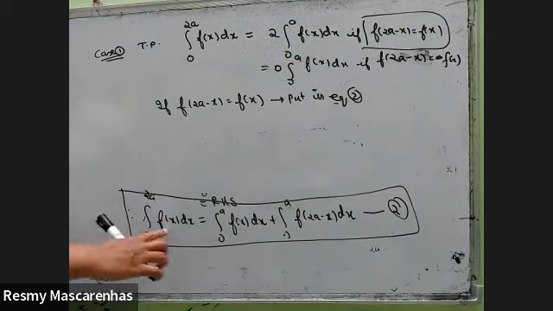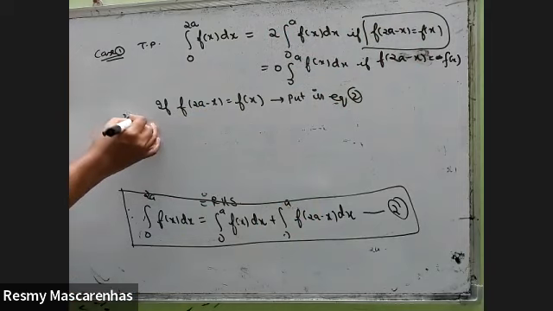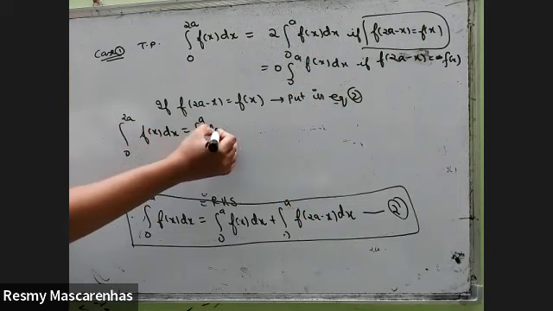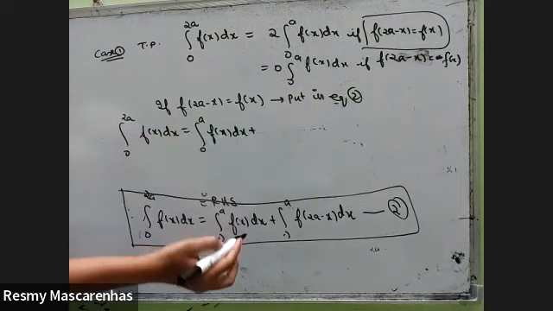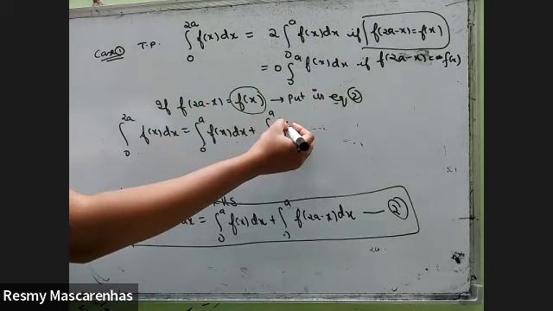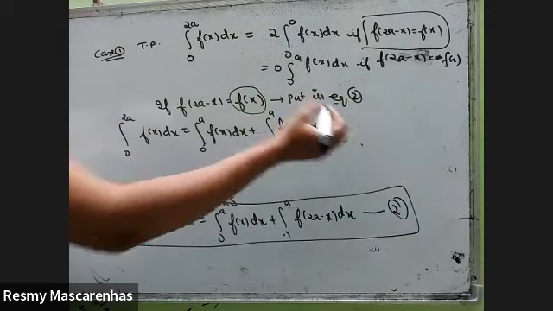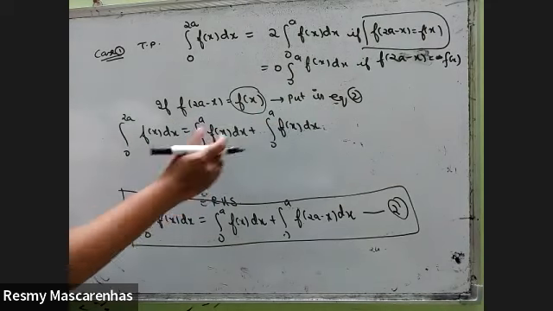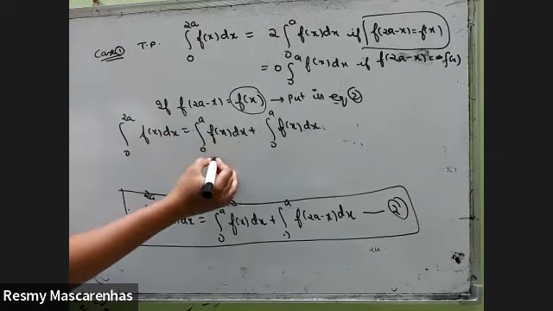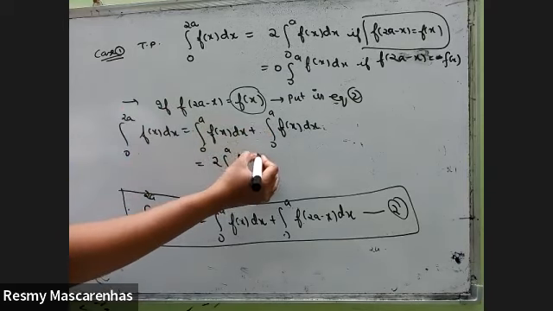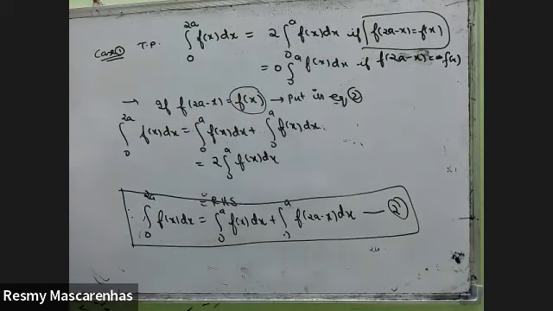So what will equation 2 become? Instead of f of 2a minus x, I'll put this. Isn't it the same thing? Same it is. So 1 plus 1 will give me 2. So we have proved this.